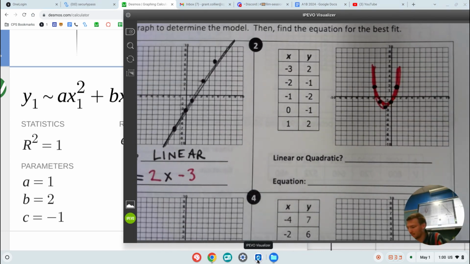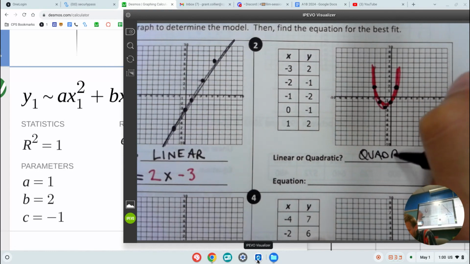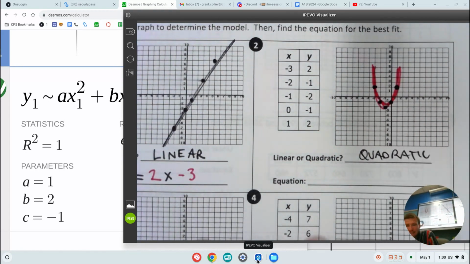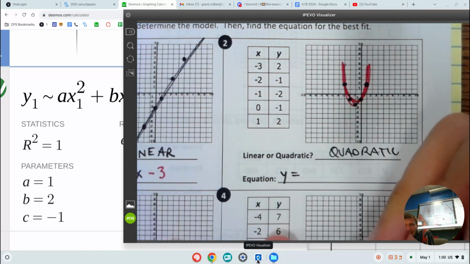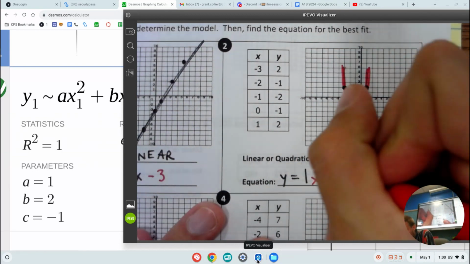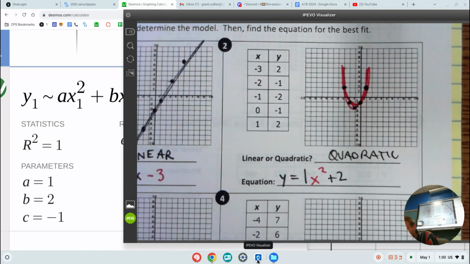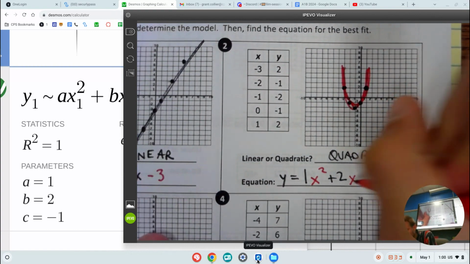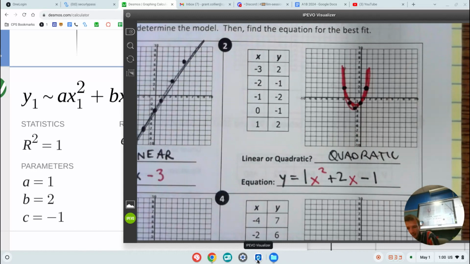And maybe I'm going a little slow at this point. I hope you have the quadratic graph with the equation of y equals. Up first is the A, 1. And on that 1 is an x squared. And up next is the B, 2. And on that B is a single x. And up last is a C, -1.